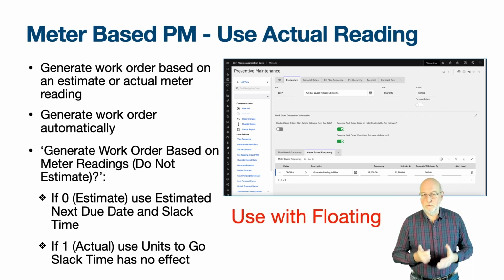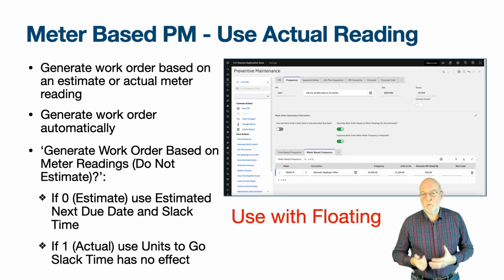These fields would be used with a floating schedule, where the last meter reading is being used to derive an estimated next due date. They can be used when use last start date to calculate next due date is set, a fixed schedule, but I do not believe it makes sense to do so because the estimated next due date is then being calculated using today's date, not the meter reading.